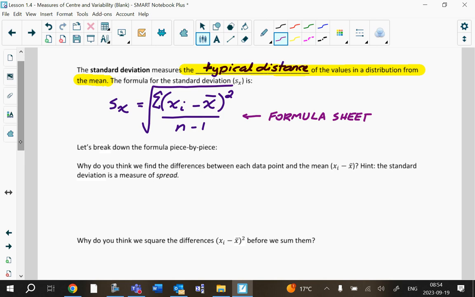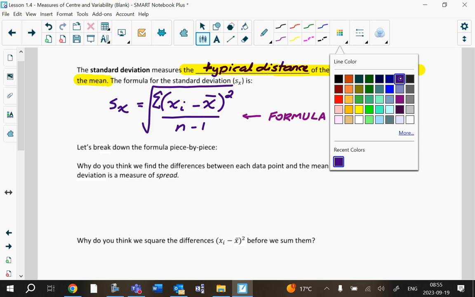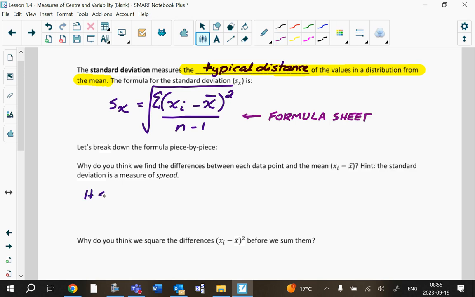Well, because it shows how spread out each data value is from the center, which is really what standard deviation means.